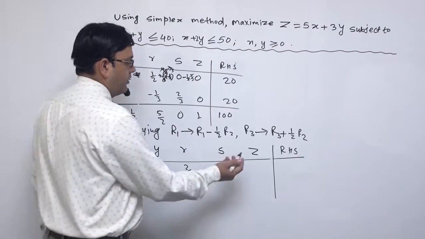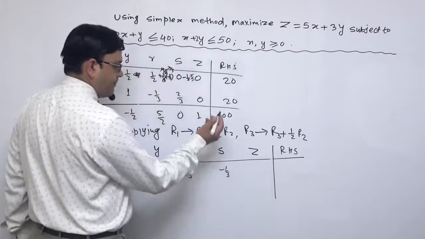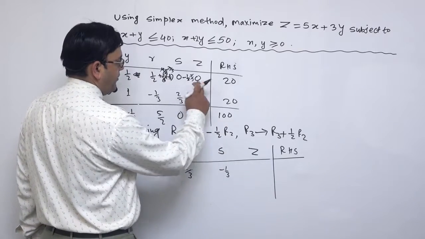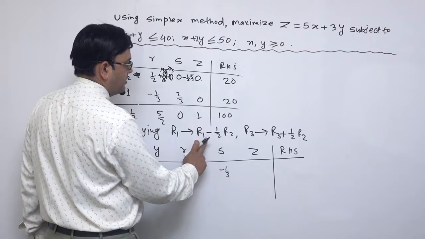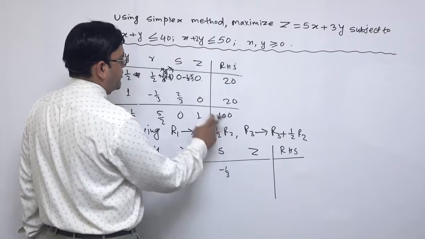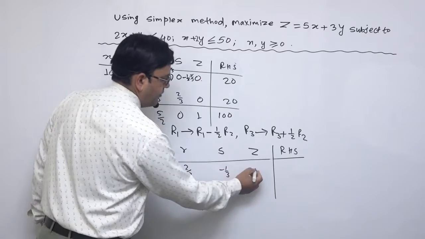The next one is z, where we have 0, so 0 minus 0 is 0.